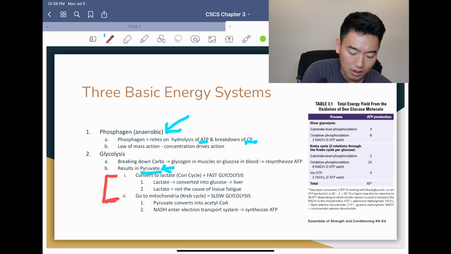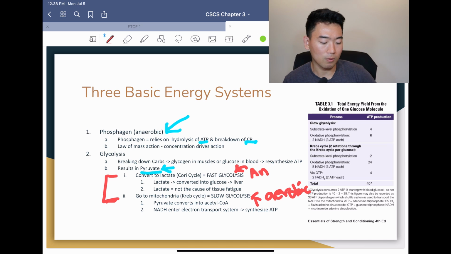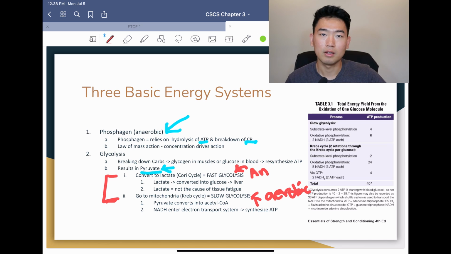All right, and so I'm going to write down here anaerobic for fast glycolysis, and then aerobic for slow glycolysis. And so now the pyruvate that was converted earlier goes to the mitochondria, goes through the Krebs cycle, and now is converted into acetyl-CoA.